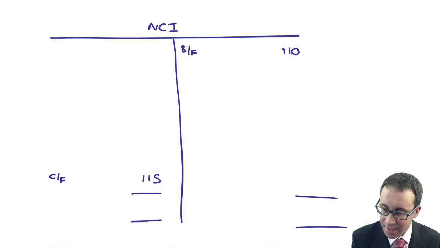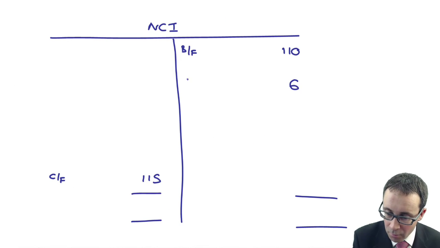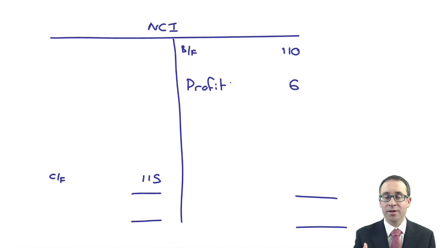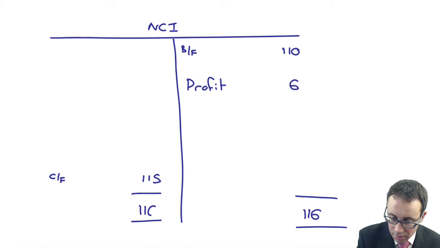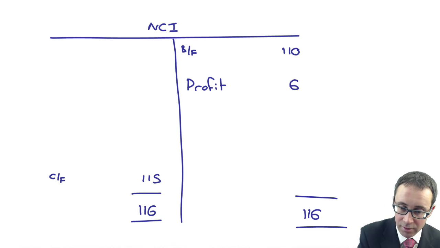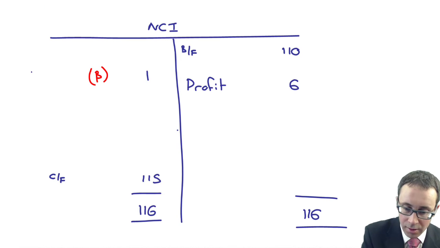It's there as 6. So we can put in that profit figure of 6 because that's going to increase the non-controlling interest ownership. And then when you balance that off, it's 116 on the left. The balancing figure that you have is 1.